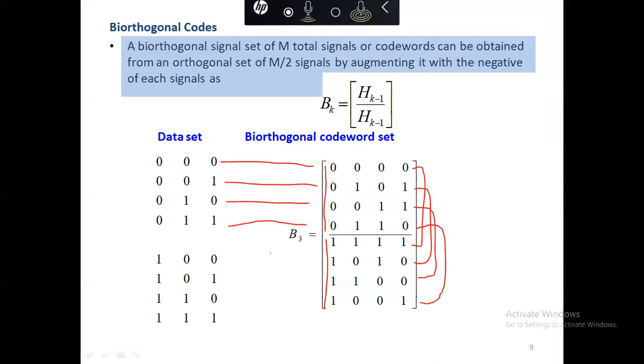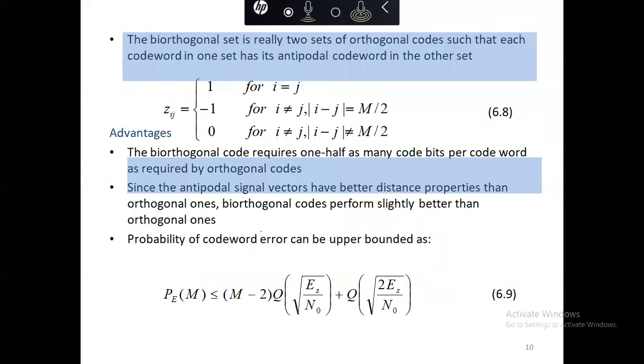So 3 bits are represented by 4 bits in this biorthogonal sequence. So we have the property that is the same for antipodal.